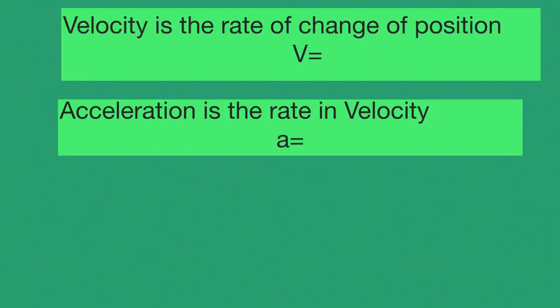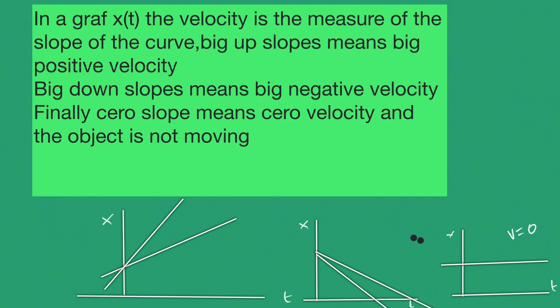Okay, so the summary is velocity is the change in x divided by the change of time. This is the average velocity, and average acceleration is the change in velocity divided by the change of time. This is the graph. If they ask you, for example, which of these graphs has a bigger velocity?